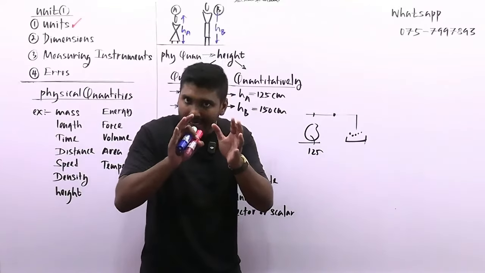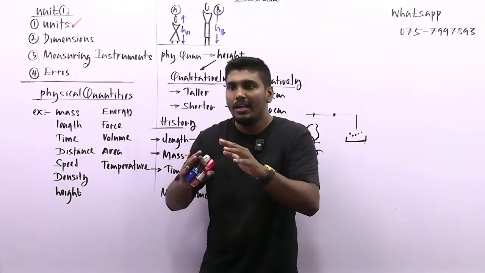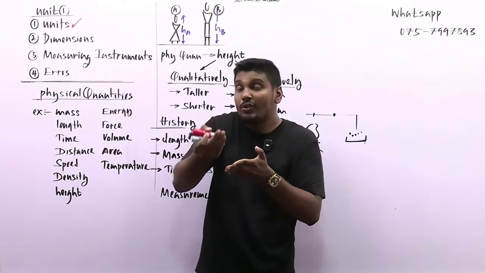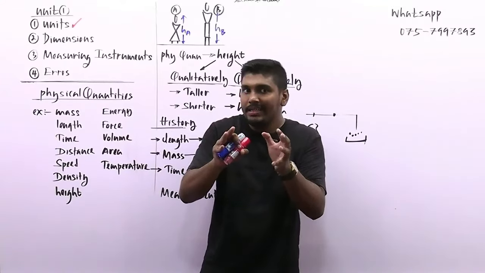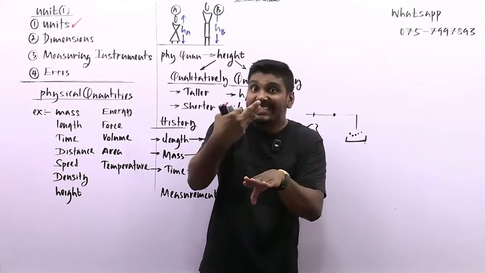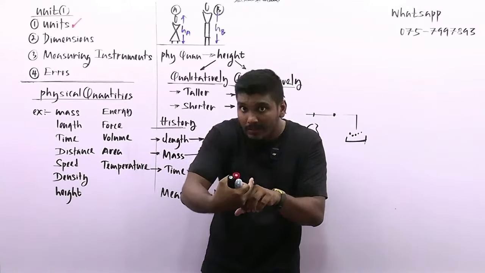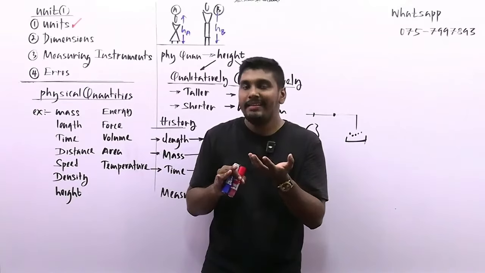So there are some physical quantities where describing only the magnitude is not sufficient. We should define the direction also. And then what is a vector? A physical quantity which requires magnitude and direction to describe it is a vector. What is a scalar then?